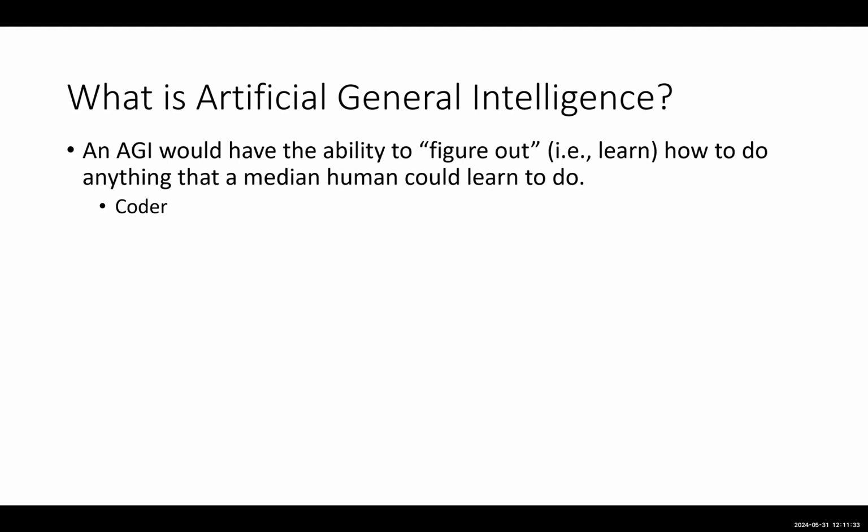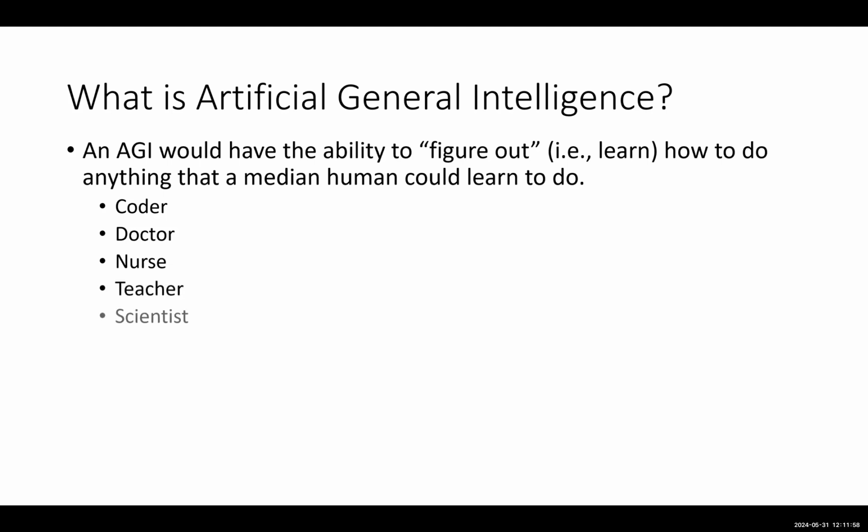I'm sure it's still a very great field, lots of jobs in that area. But in the future, very likely we'll have artificial intelligence or some kind of AGI that will be doing the coding for us. Or consider a doctor or a nurse, right? If you can learn or figure out how to be a doctor or a nurse, then an AGI could also do that.